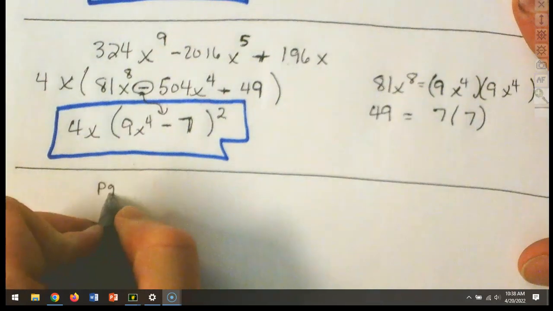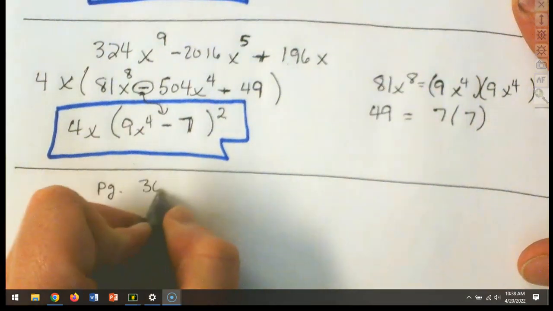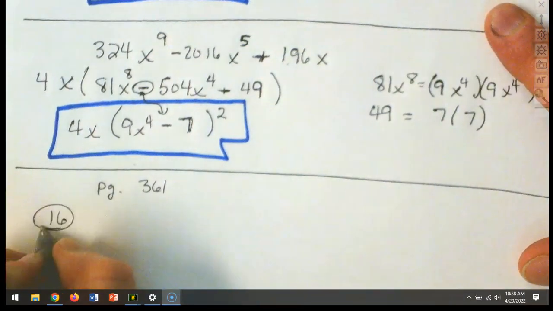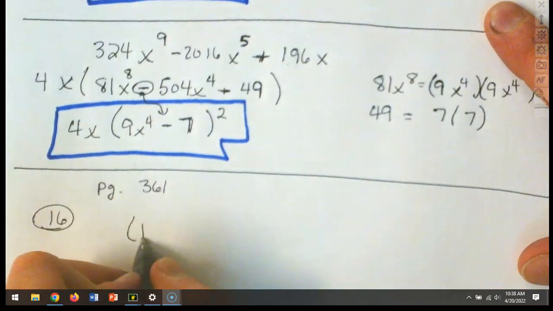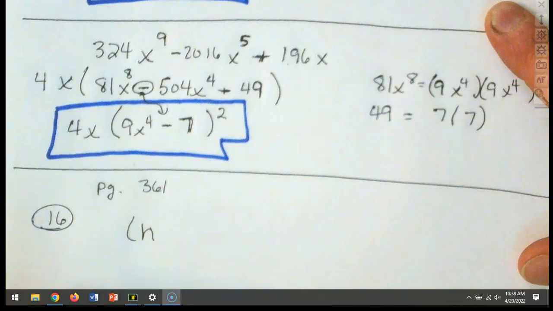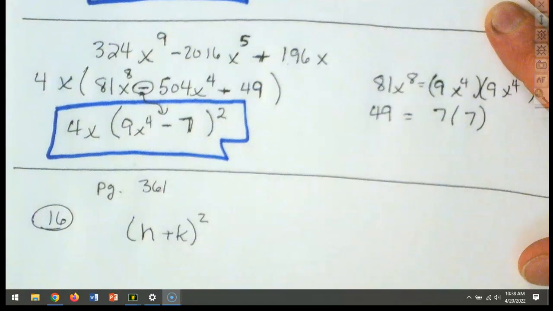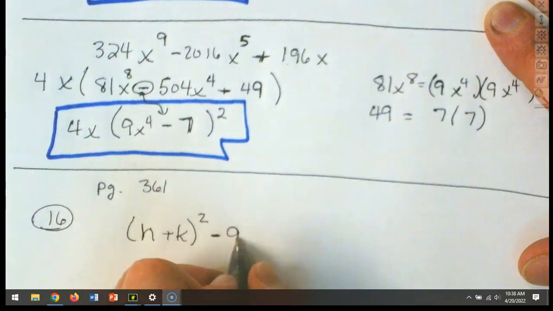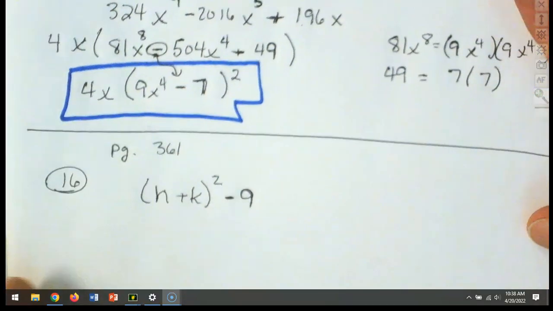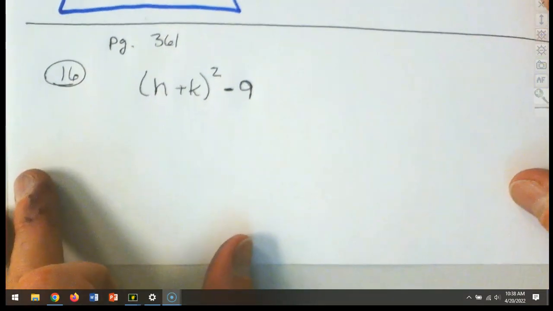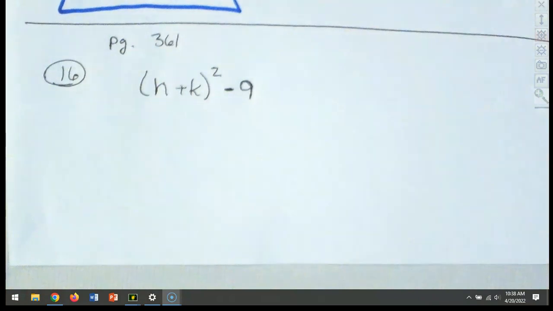This is on page 361, and we're going to look at question 16. All right, so this one is a difference of squares.